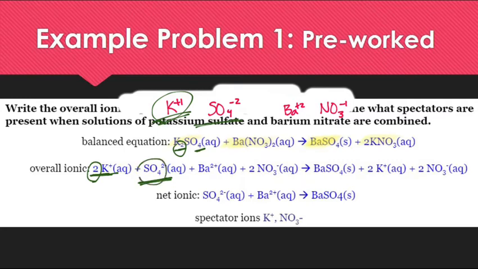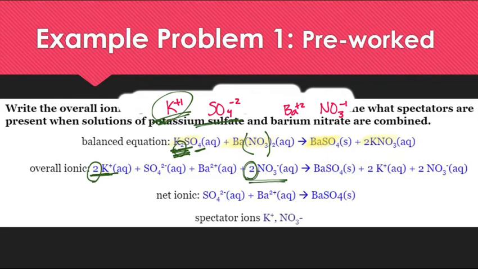So we never break up or change those polyatomic groups from the back of the periodic table. They start and end their life as a group, no matter what. But if I have a subscript on another element, or even over here, I have a subscript on the outside of my nitrate, then I do bring that 2 to the front.